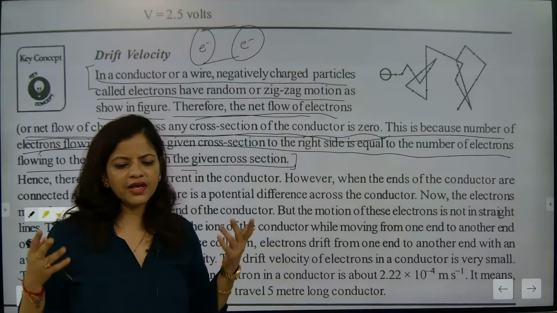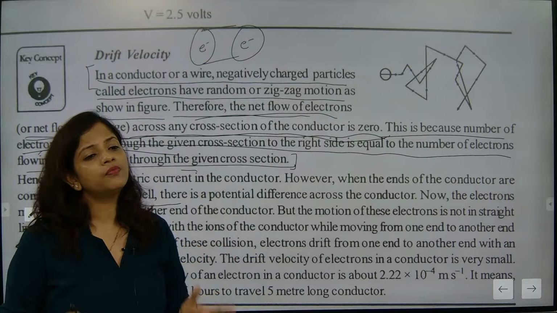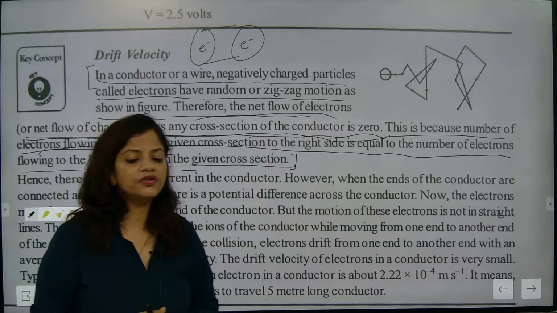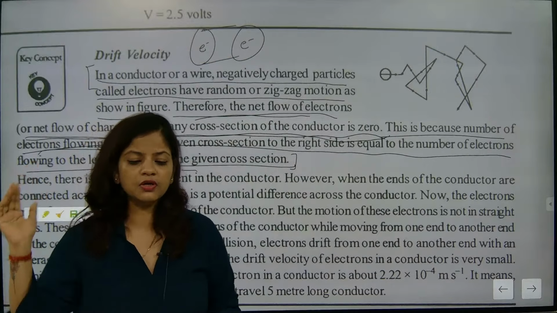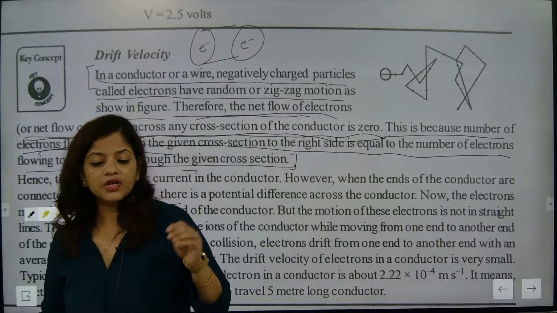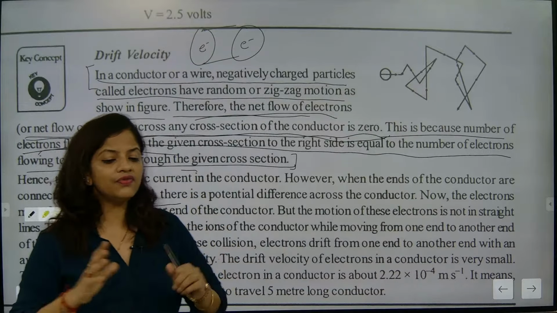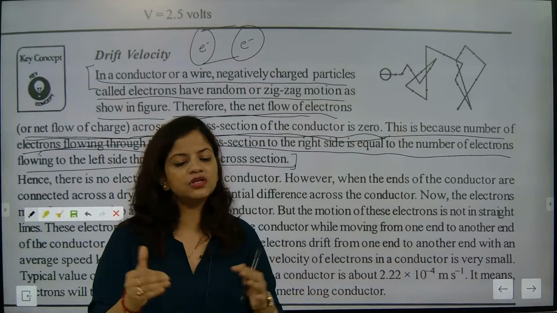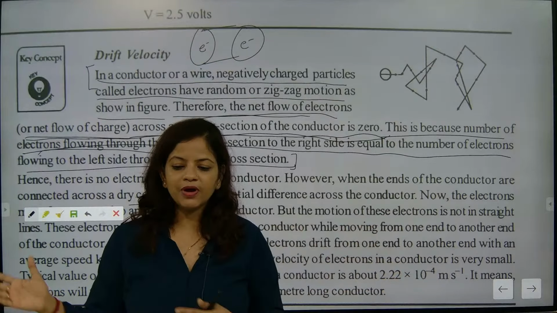Because of that, they cannot conduct electricity until and unless we apply what? Potential difference. Potential difference generates a drift, a push. It's just like we all are standing, having zigzag motion in our own area, but there is nothing to push us from one part to another.